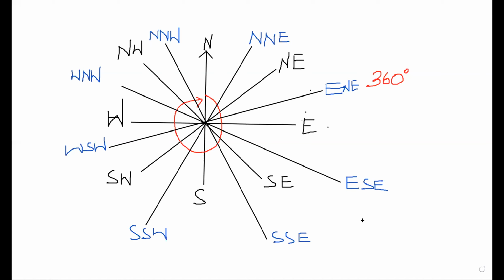Like if you get an angle which is 50 degrees, you add 0 at the front to make it 050 degrees so that they are 3 digits. Okay, thank you. There are different forms of stating directions, and that is one of them.